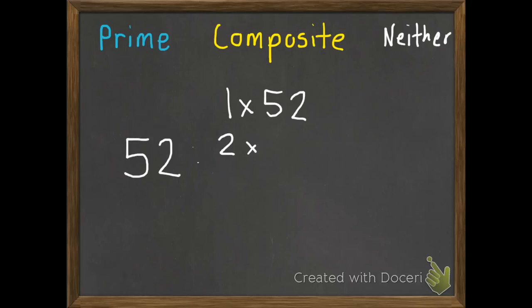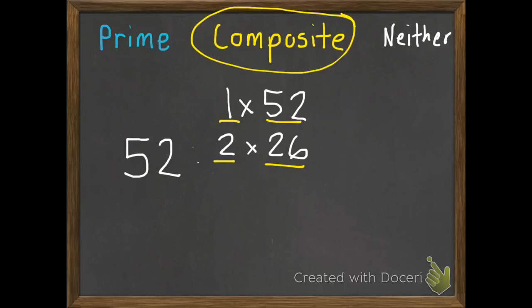I know since it's an even number that there is, so it's 26. And here's the cool thing, I don't have to keep finding all my factor pairs. I already know that there are more than 2. We've got 1, 2, 3, 4. So I don't have to find all the factor pairs once I know there's more than 2. It's composite. So we're done.